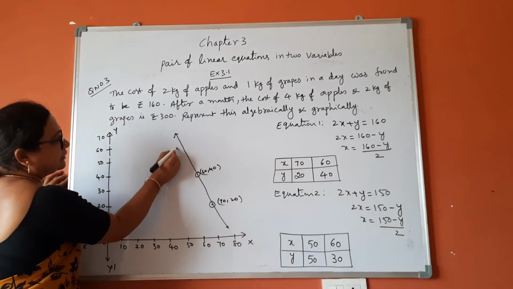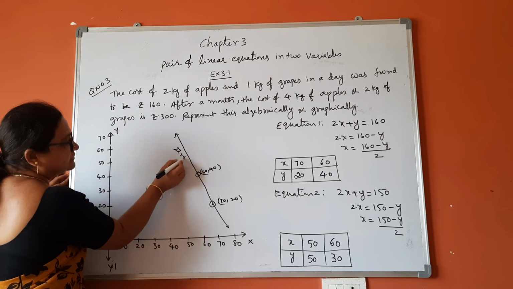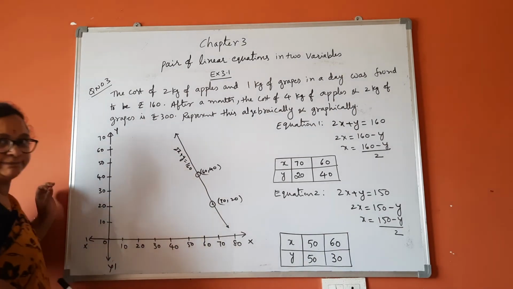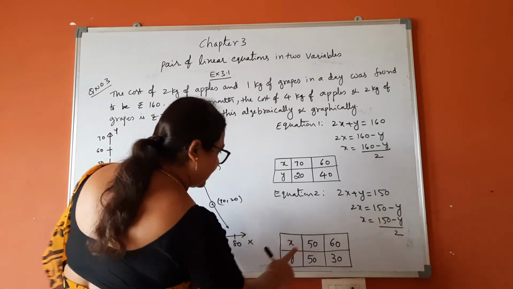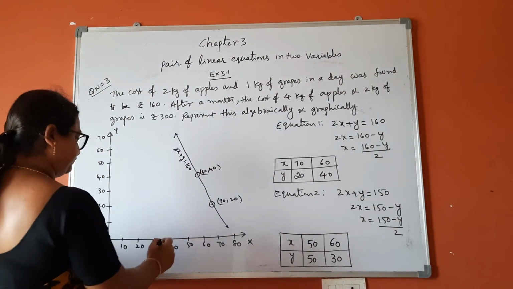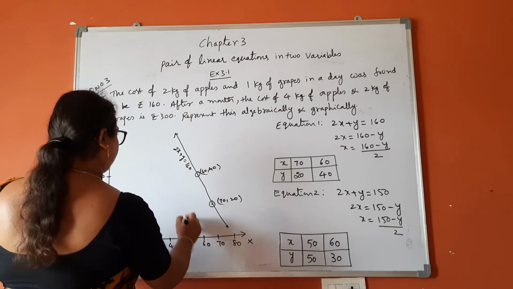So this is the first equation, that is 2x plus y is equal to 160. Now solution set of second equation, x is 50, y is 50.